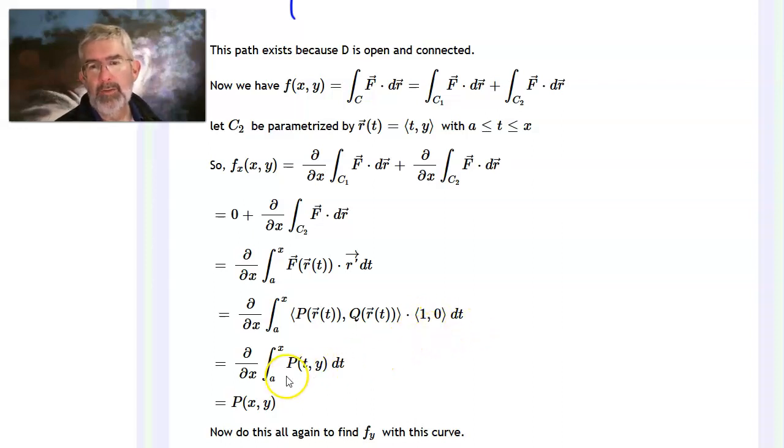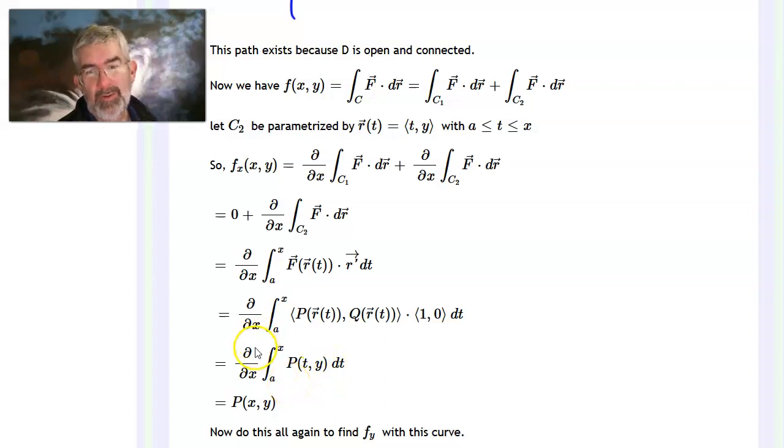Take the dot product, you just get p of t, sorry, r of t is this parameterization. So I've got r of t being plugged into p, and I've got r of t being plugged into q, and r of t is just t comma y. But now look at what I have.